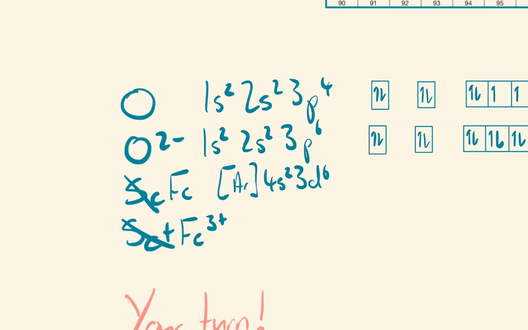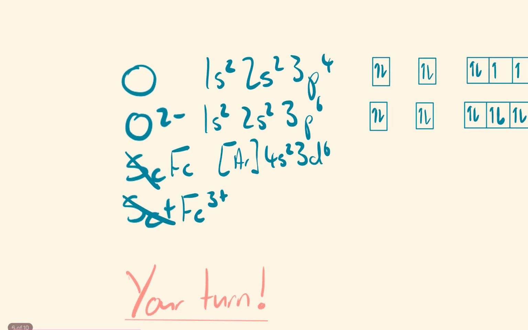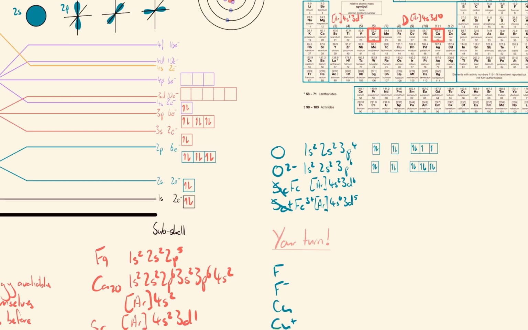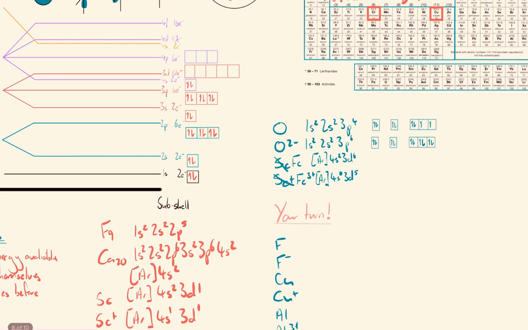Won't worry about electrons in boxes for now. And now Fe3+: we remember that rule that 4s fills first, but it also empties first. So it's 4s0. You don't need to write 4s0, you could leave that blank entirely. And then 3d5. Give these ones a go.